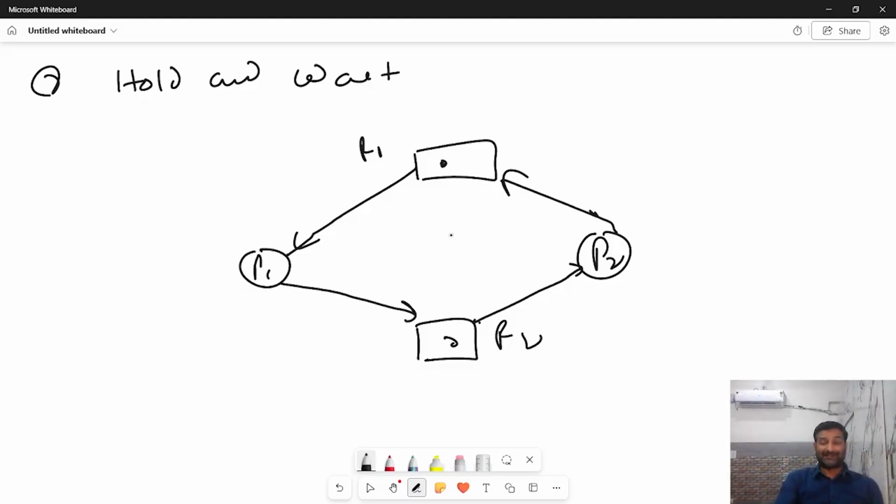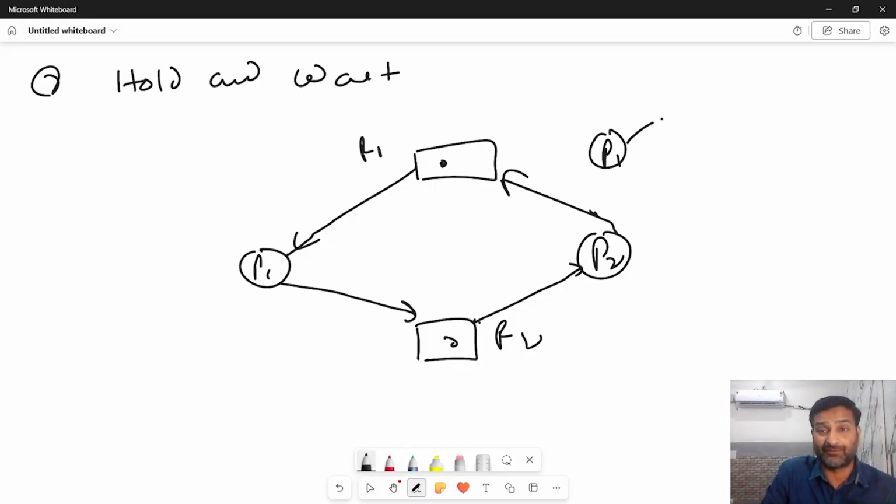So what this means, see, this is the same situation as the very first slide we saw, the improper use of semaphore. Basically this also explains mutual exclusion. So what is happening over here? P1 is looking for P2 to release the resource and P2 is looking for P1 to release the resource so that it can execute. Okay, so it causes the deadlock situation.